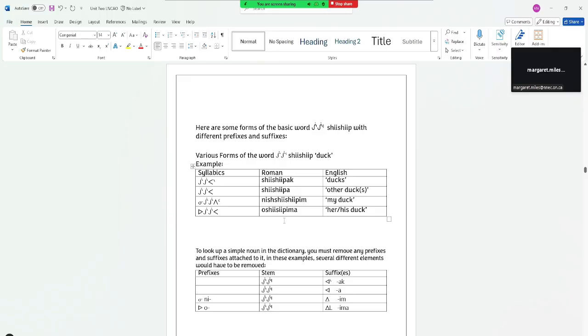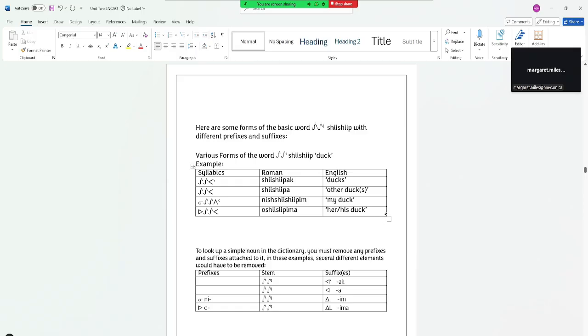And the next word, nishishibim. So in this word, ni is added in front of the word and im at the end of the word. Nishishibim, my duck. Next one, oshishibima. So o is added in front of the word and ima, oshishibima, his or her duck.